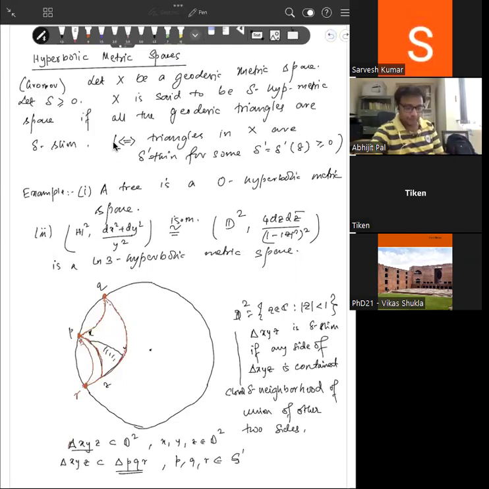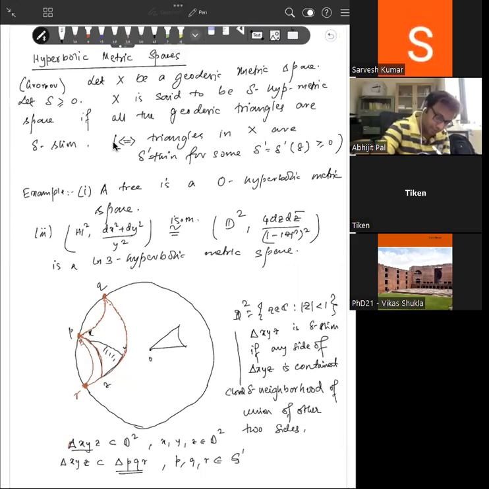Or one thing we can do is take one vertex to the center. So you can move this triangle XYZ such that one vertex is at the center. Without loss of generality, I can assume one of the vertices to be at the origin.